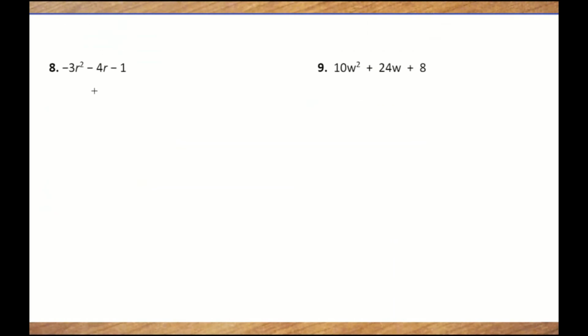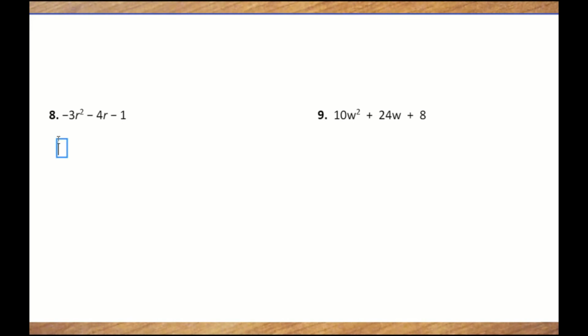Okay, last two problems here. Number 8, so let's see what we got here. Now number 8 is a little tricky when you've got that leading coefficient negative. It's not something you have to do necessarily, but what I really think makes this problem a heck of a lot easier is if you factor out a negative 1 right from the get-go so that the trinomial that you're trying to factor is only dealing with positives.